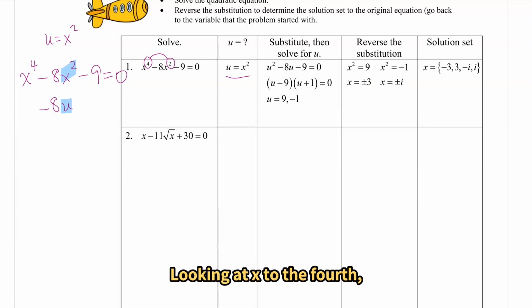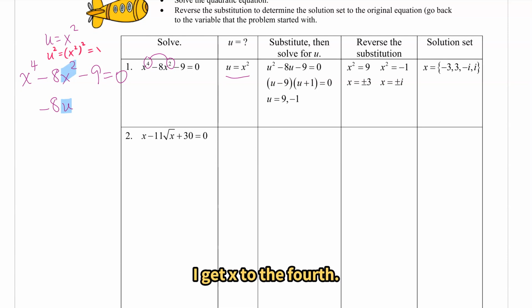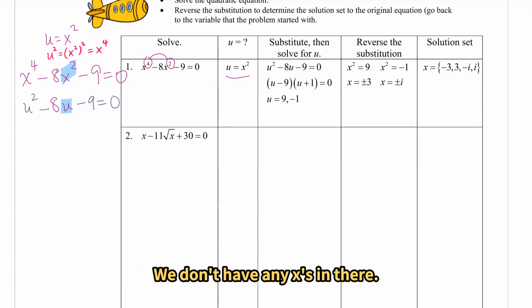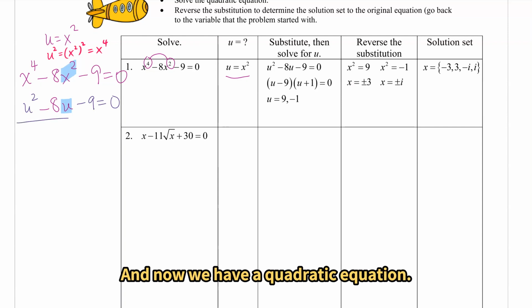Looking at x to the 4th, notice that if I square x squared, I get x to the 4th. So this x to the 4th out front is really u squared if we make that substitution. Minus 9 equals 0 comes down. That doesn't change. We don't have any x's in there, so we don't have to worry about that. And now we have a quadratic equation.